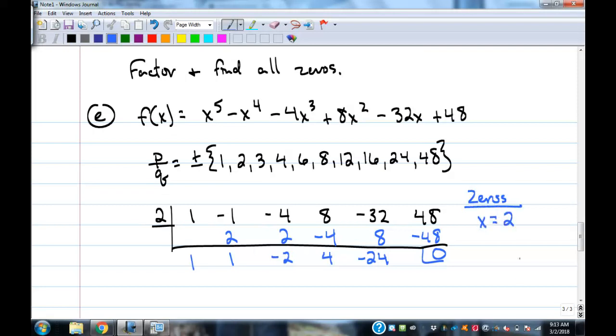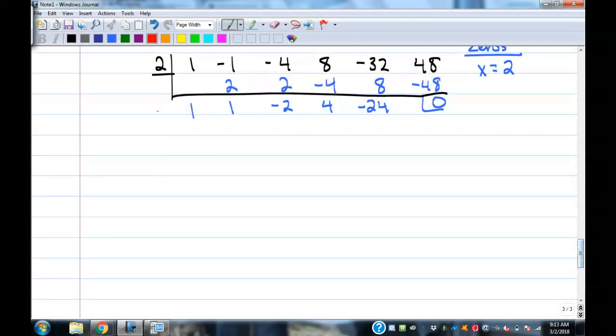2. And now I know because of the graph that the multiplicity for 2 is at least 2. So I'm going to run synthetic division one more time with the 2 because I know it will work one more time. I don't know if it'll work a third or fourth time. So I'm just going to put my synthetic around that. If you want to rewrite it all completely, you can, but I'm not going to.